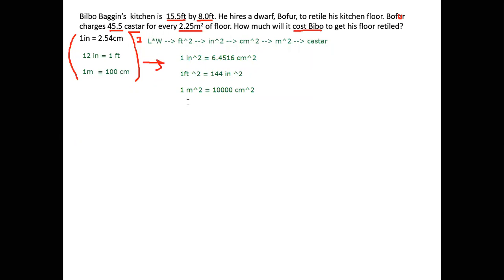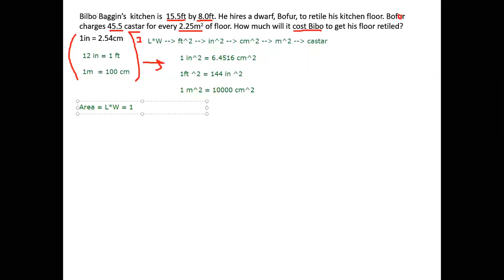Now we have all of our squared conversion units. We can go ahead and start working on solving the problem. So first I'm going to go ahead and find the area. The area equals length times width.